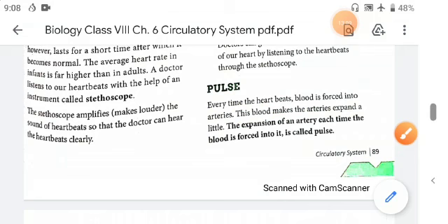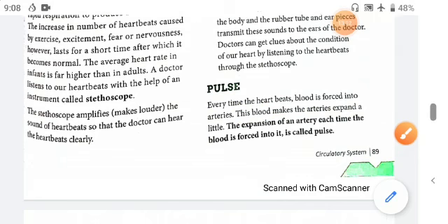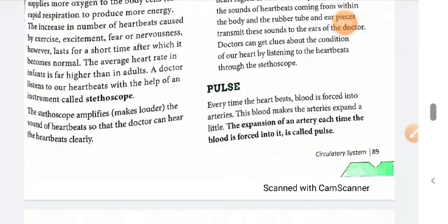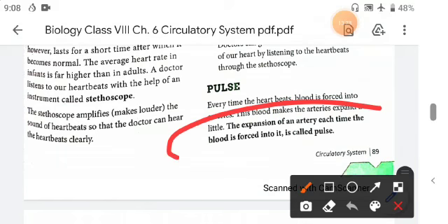That means when blood is forced into it, there is expansion of the artery, and that is called the pulse.